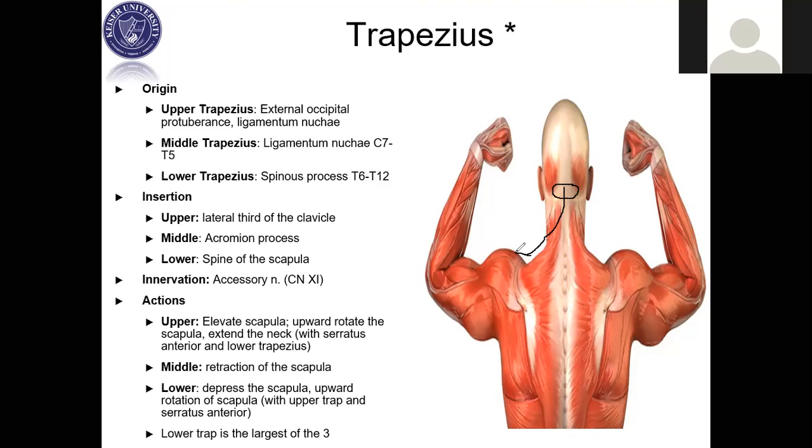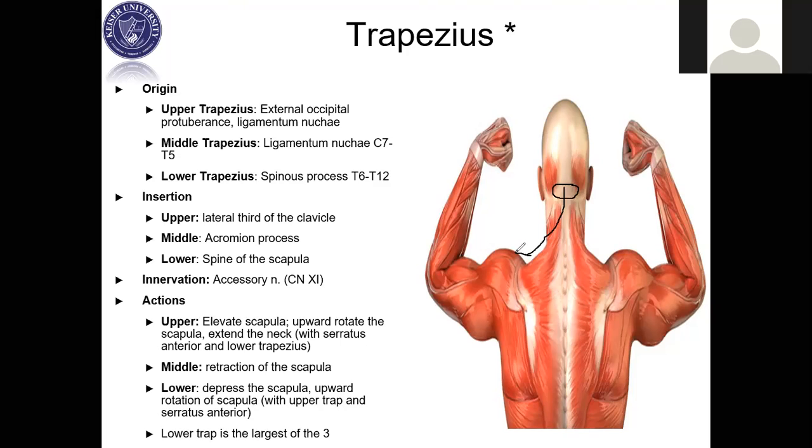You're going to see that there's a sequencing to this. There's an actual sequence. So if you can get the sequence down, you will be okay. So upper trap, external occipital protuberance to the clavicle.